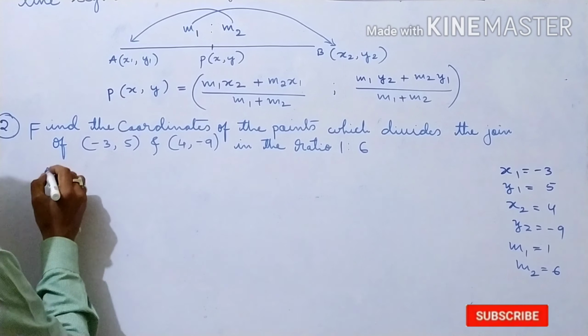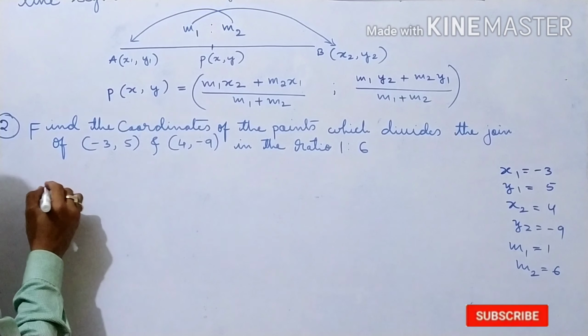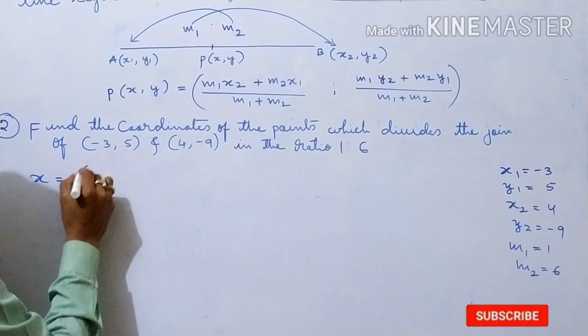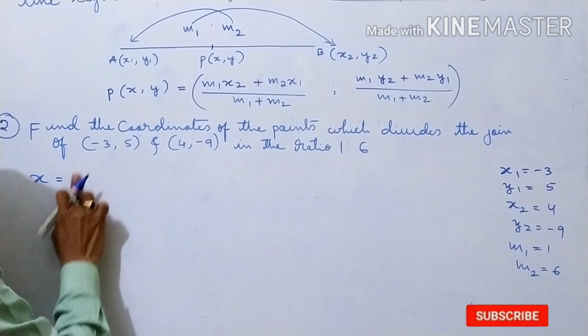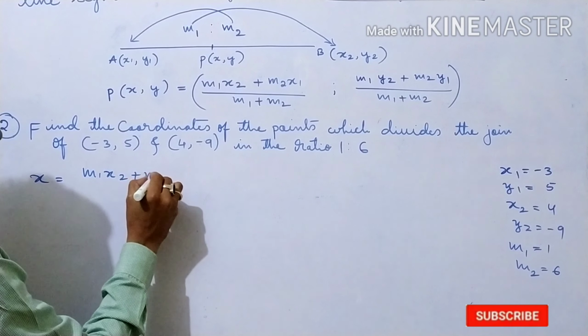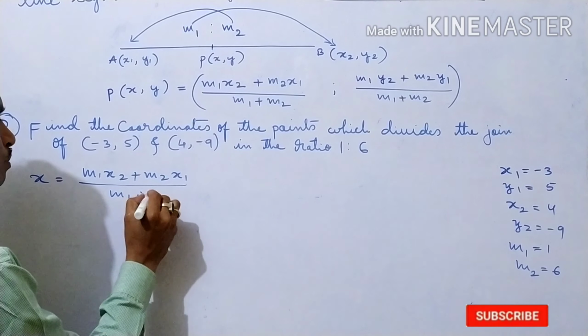Then to find the coordinates of the point, first we will take x. To find the x value, first you should write this formula: (m1 x2 + m2 x1) whole divided by (m1 + m2).